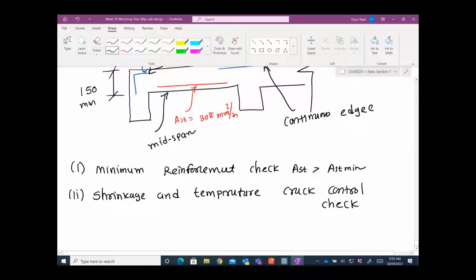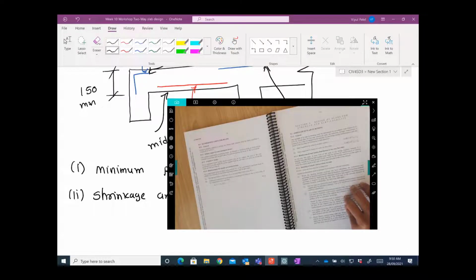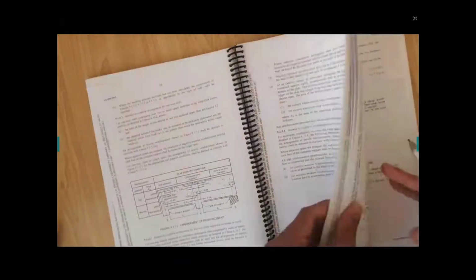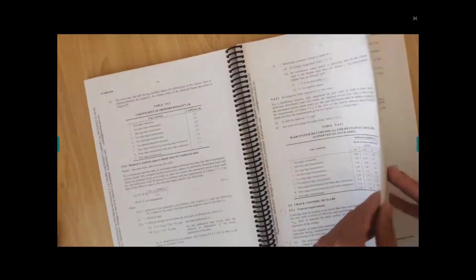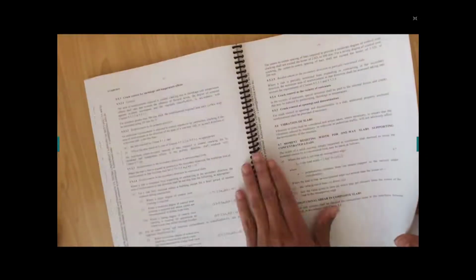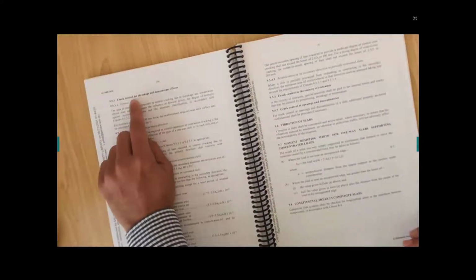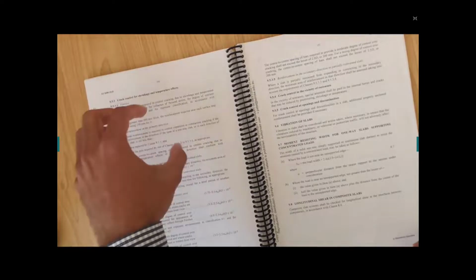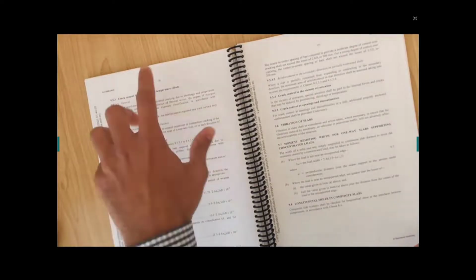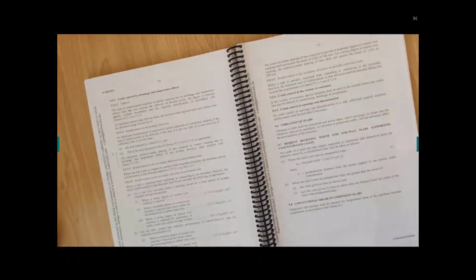What does this check mean? Your slab will shrink over time, and it will go through various temperature cycles over the life of your slab. So the standards do not want to see cracks happening. In beams, cracking is generally prevented by providing spacing, but here we have specific sections given particularly for crack control, for shrinkage and temperature for the slab.